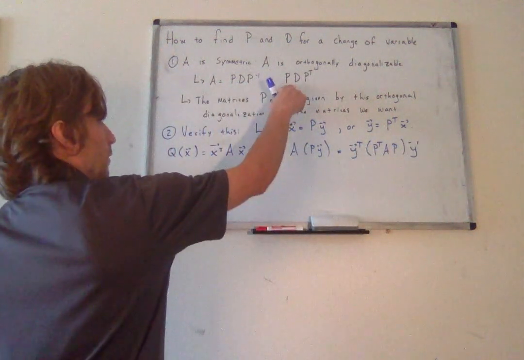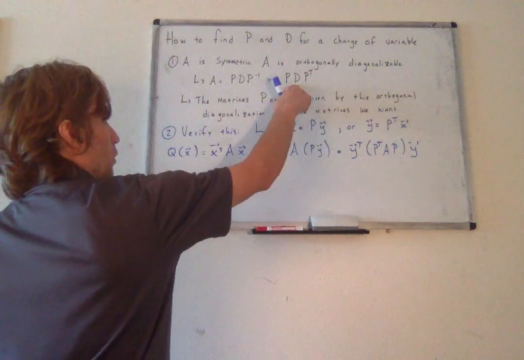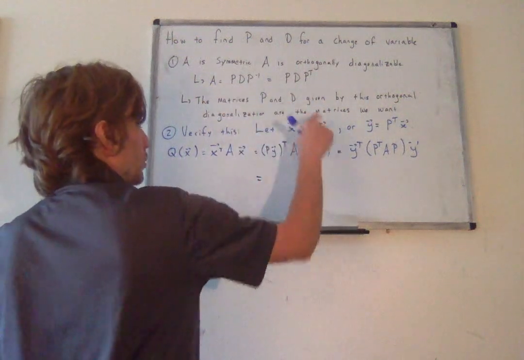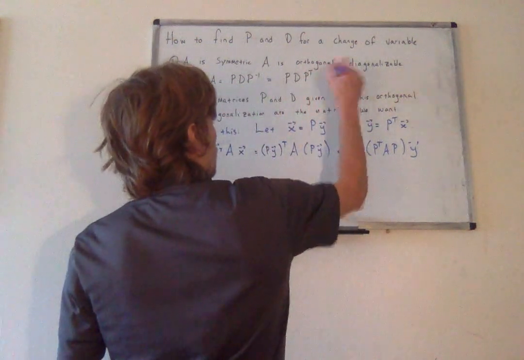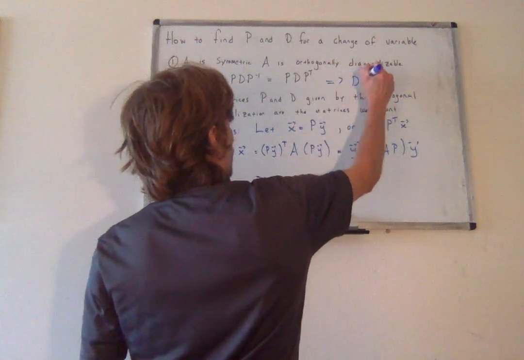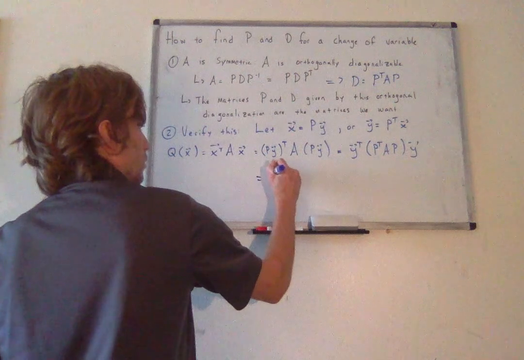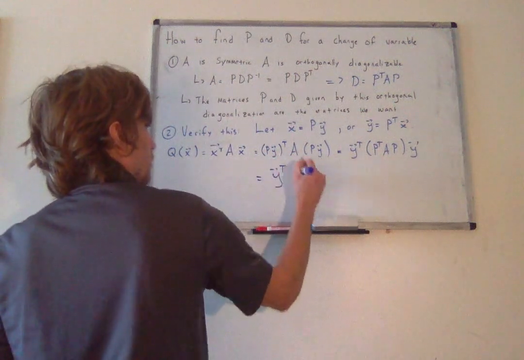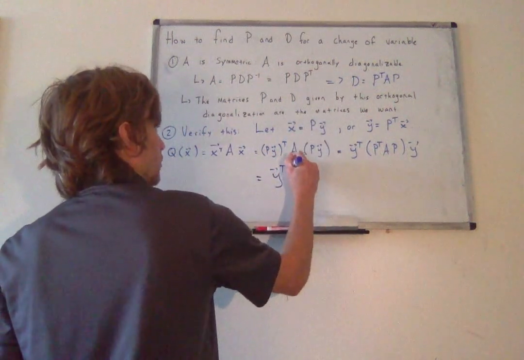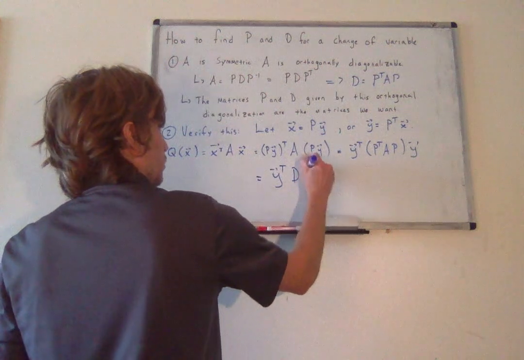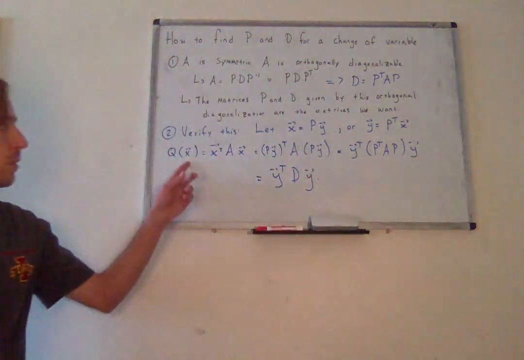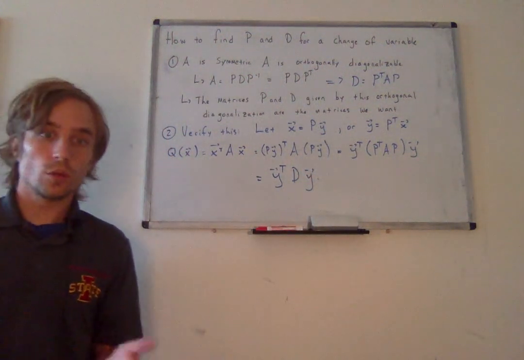And sure enough, if I were to solve for D in this diagonalization equation, notice I would just multiply everything over here, and we do get, in fact, that D is equal to P transpose A P. And so, sure enough, letting the matrices P and D defined in this way perform our change of variable, we get what our original goal was.